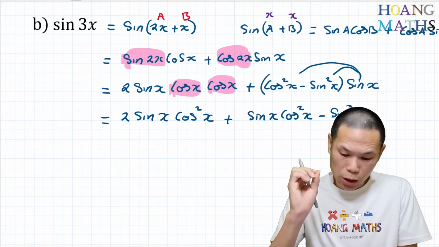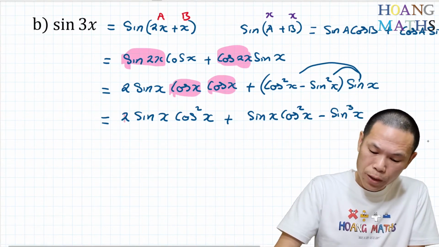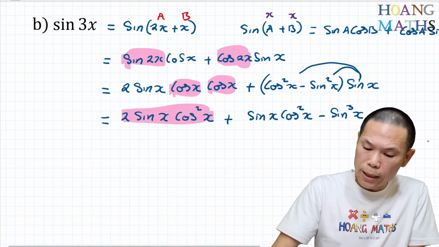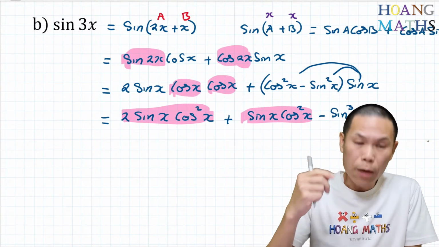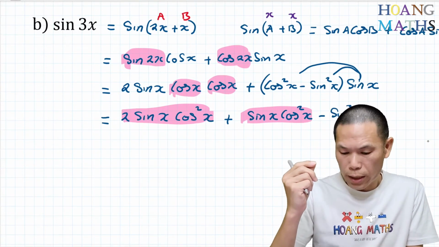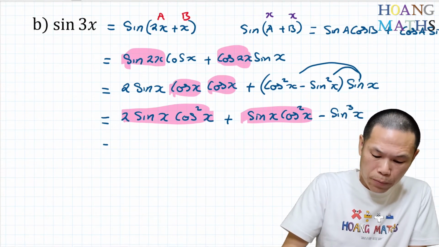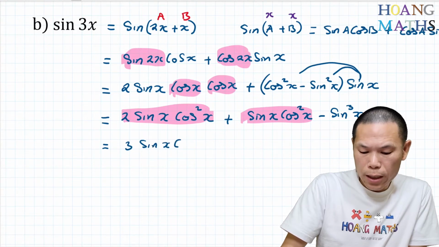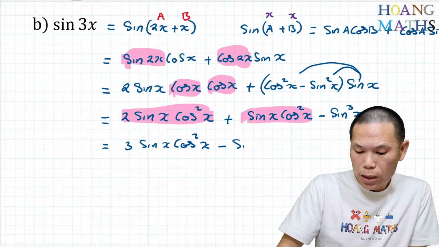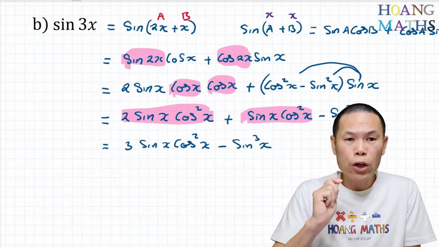So now we just need to collect like terms if there are any. We have these two are like terms: 2 sine x cos square of x and plus sine x cos square of x. So we just collect like terms. That will give me 3 sine of x cos square of x, and then we minus sine power 3 of x. So there you go. I hope you got it correct.